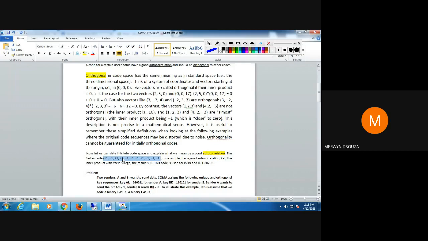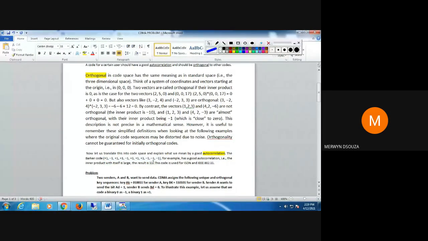For example, this code known as the Barker code, when you find the dot product of this code with itself, you get the answer 11. So such a code is said to have good autocorrelation.